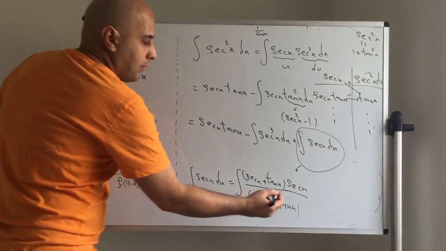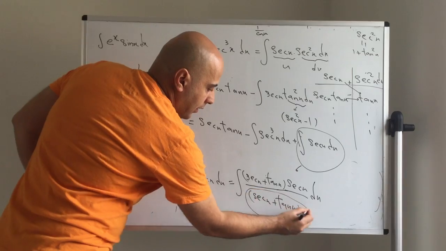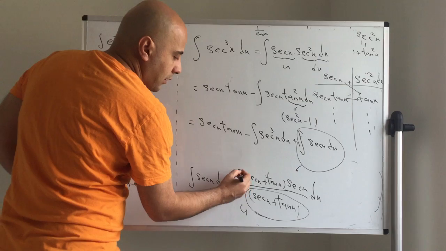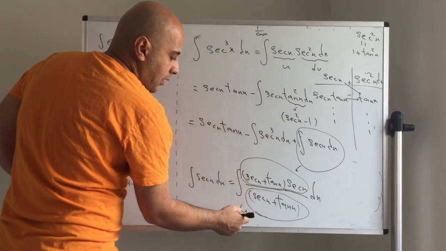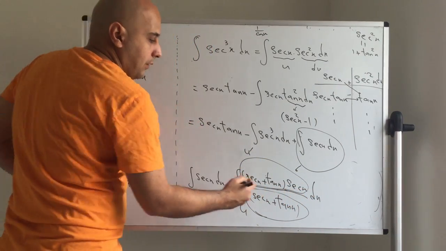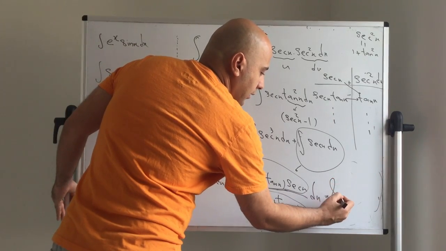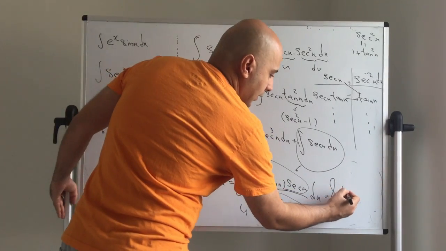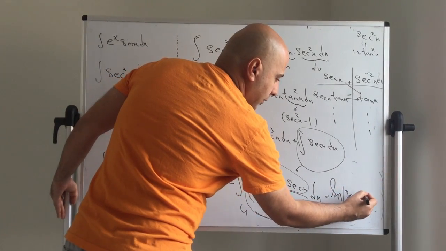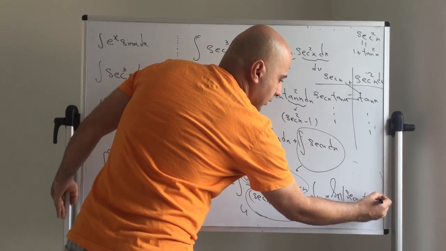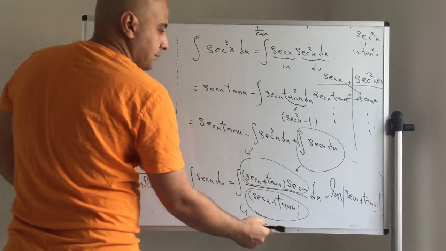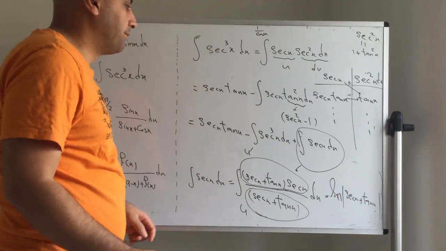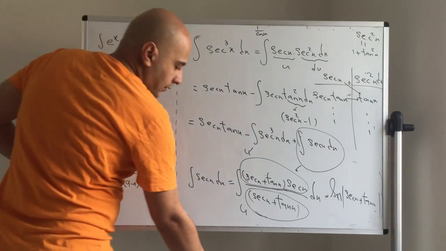When you do it, you will see by variable change, if it's u, that one is the derivative of the u, u prime. So the answer is ln of secant x plus tangent x. So the answer is the ln of the u. So I have the answer of this.